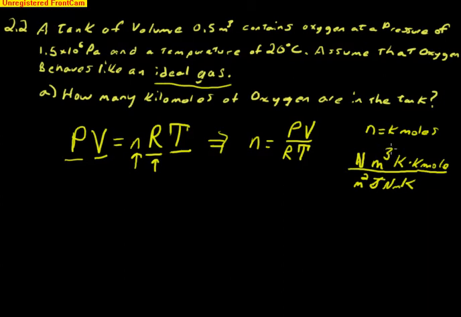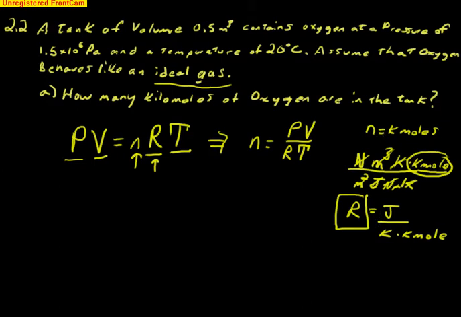That gets rid of our meters, gets rid of our force. Our K's cancel out, and all we're left with is a kilomole. So we need R to be in joules per Kelvin per kilomole. That's the specific R that we need to solve our equation for kilomoles. A lot of people just solve for moles, and they use a different form of this constant.